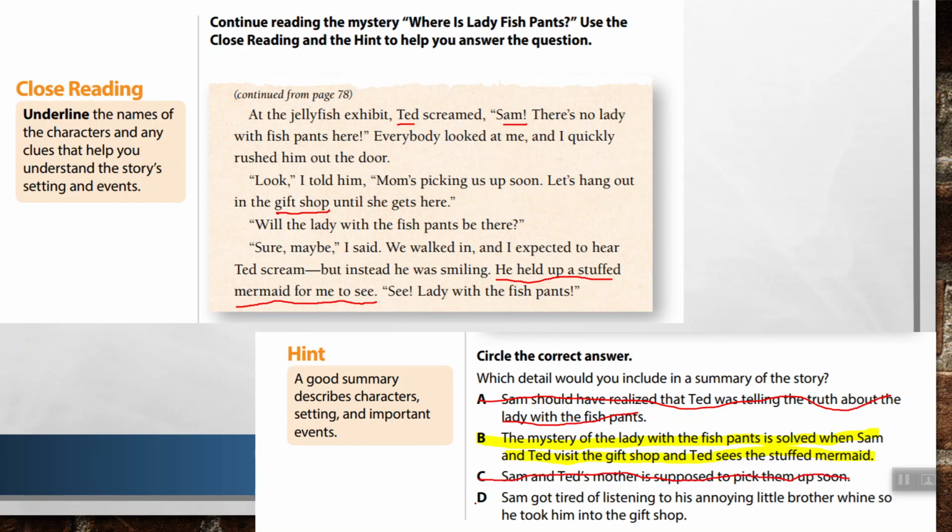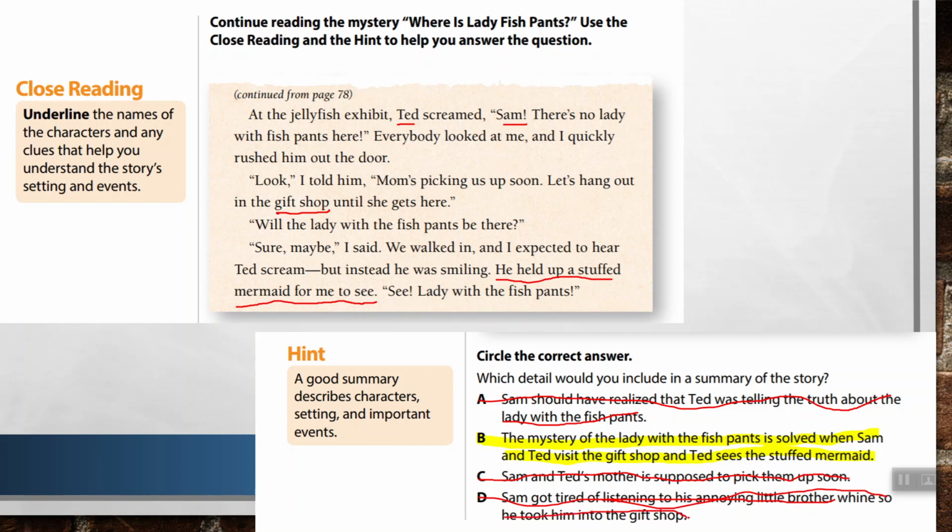And finally, D. Sam got tired of listening to his annoying little brother whine, so he took him to the gift shop. Remember, summaries include just the facts. When it says listening to his annoying little brother, that's a personal opinion, so that would not be included in a summary.